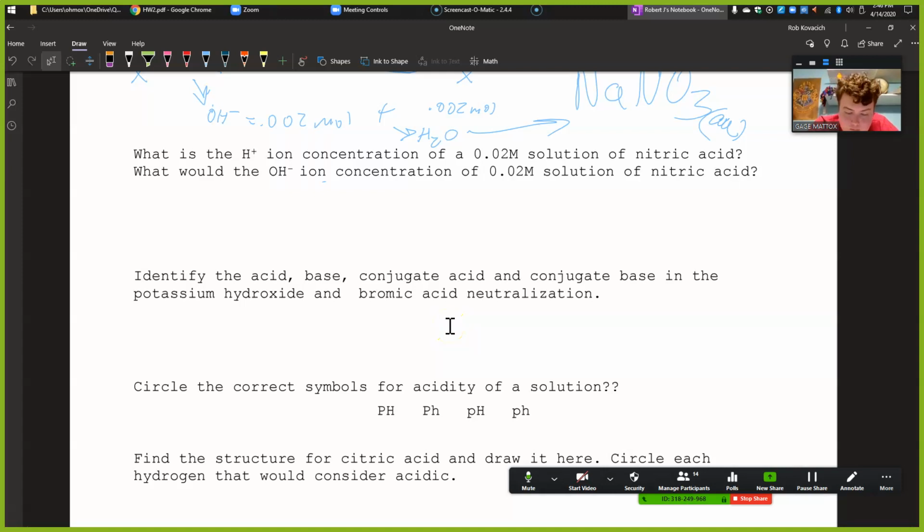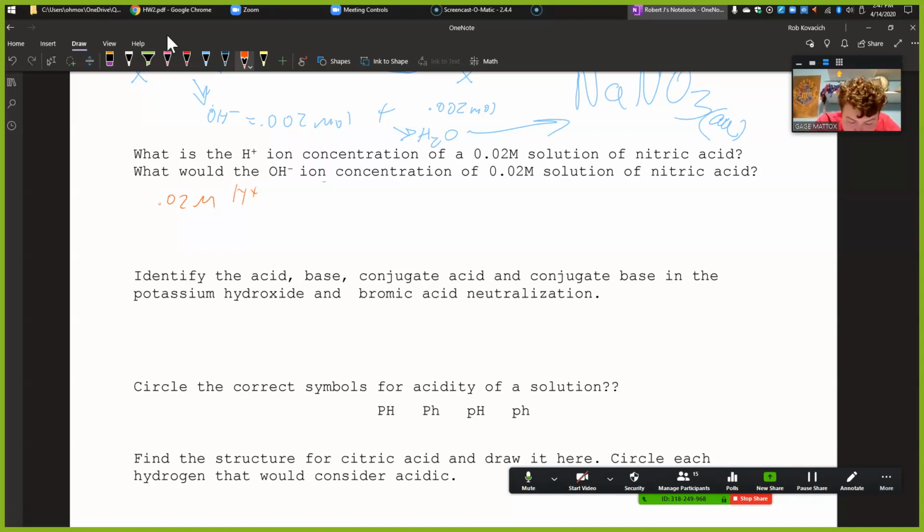What is the H plus ion concentration of 0.2 molar nitric acid, and what would the OH minus concentration be? Okay, so it's nitric acid, so it's 0.2 molar H plus ion concentration. We all good with that? Yep.